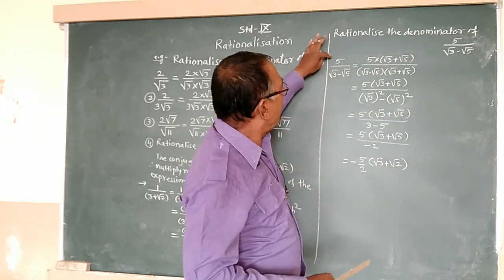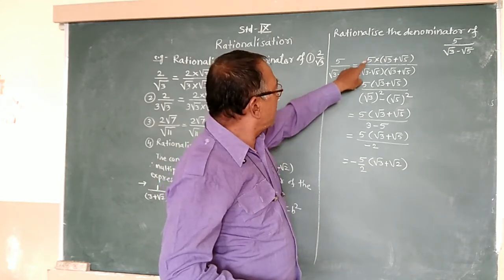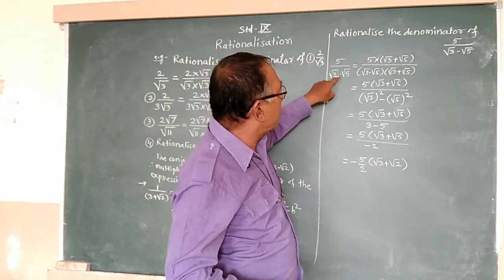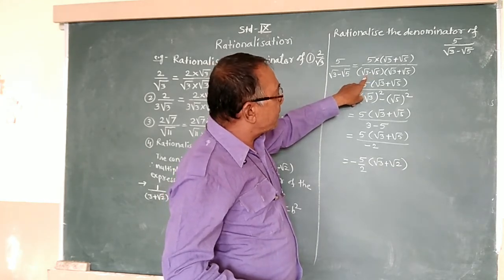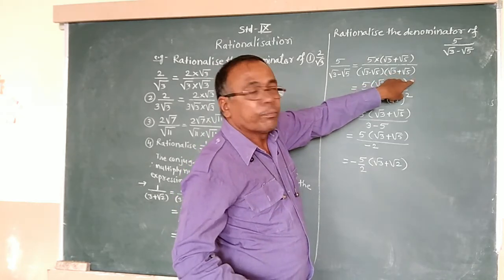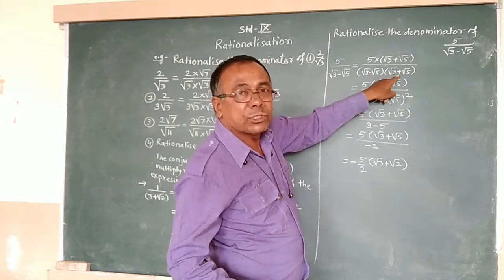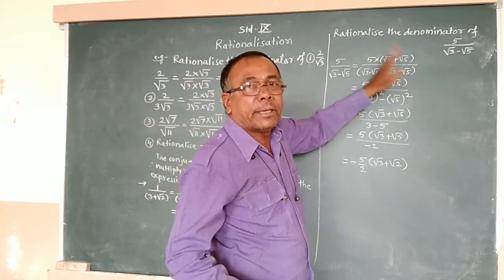Here 5 upon root 3 minus root 5 is given. So again I have written 5 upon root 3 minus root 5 as it is, and the conjugate pair of root 3 minus root 5 is root 3 plus root 5. If minus is there, you must take plus here and multiply numerator and denominator by the same.